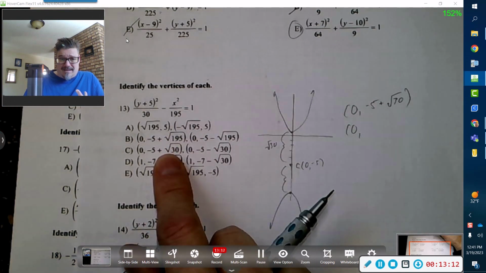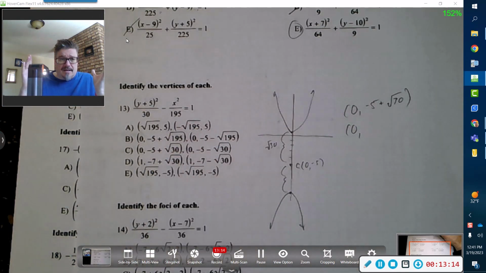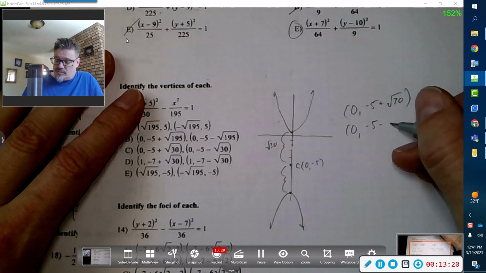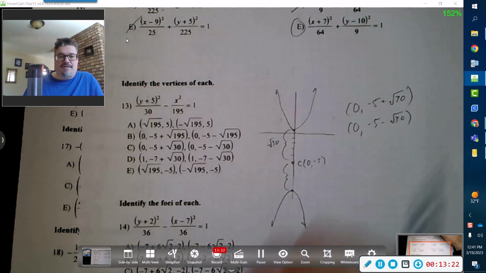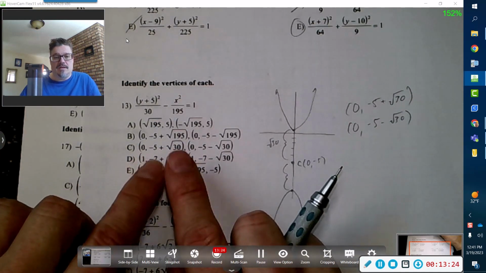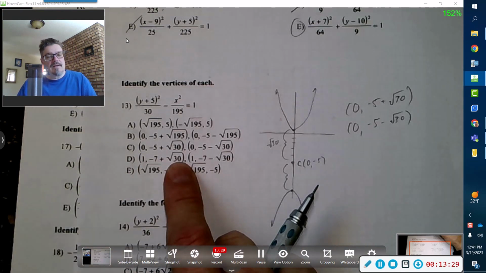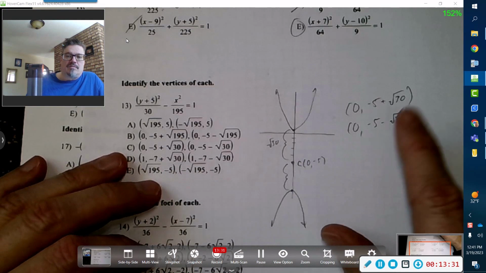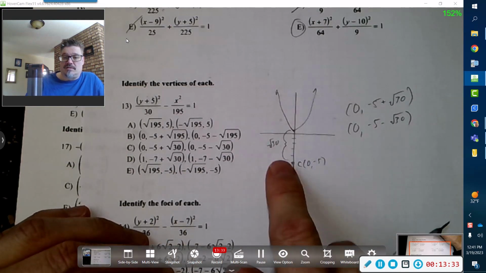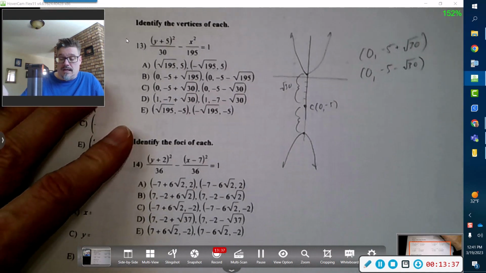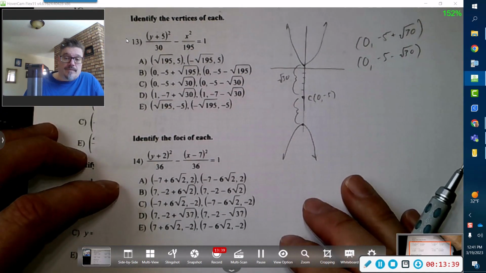If you had it in decimal form, you can't see it. You'd have to calculate what the radical 30 is every time. This one, you would subtract radical 30. Mathematicians like to use this expression because it's more exact than using a calculator and getting decimals. So these are the vertices, because there are no covertices for a hyperbola, and that's all they're asking here.